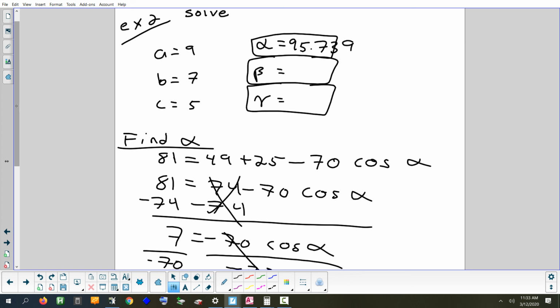Well, none of the sides could be 0, because they all have to be at least a positive number. Maybe if the angle you found was 90. If the angle we found was 90, you could use Pythagorean theorem to finish it. That means you wouldn't have to use the law of cosines. Yes, that's true.